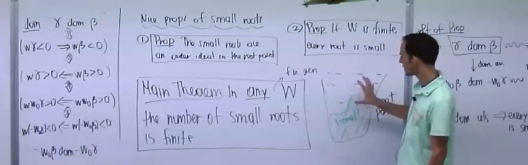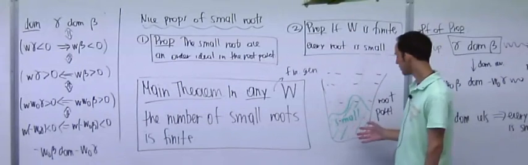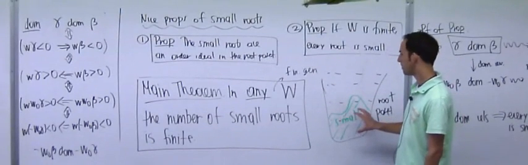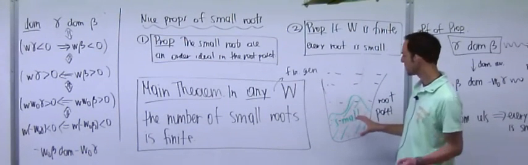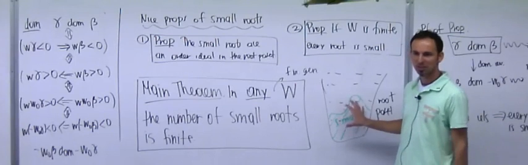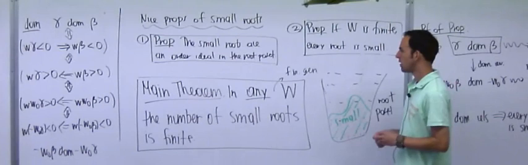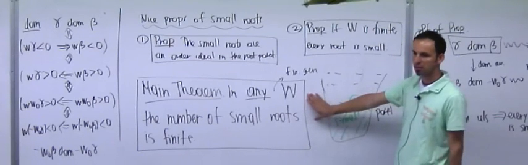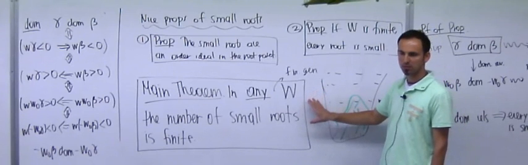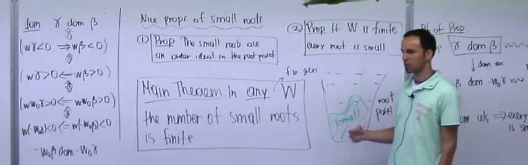So there's a lot of things that you can tell about the group by only looking at the small roots. Okay? Which means that with a finite amount of information, you can tell a lot about the group, which is infinite. And this main theorem is the main tool that allows us to prove the result that I showed you, that Coxeter groups are automatic.